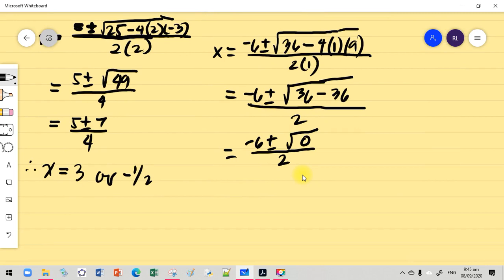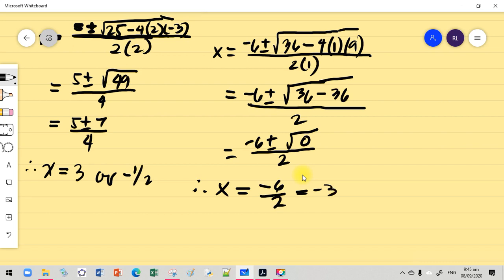That gives us x equals, whatever happens here, because this is 0, negative 6 plus 0 and negative 6 minus 0 are both negative 6, over 2, which is only negative 3.